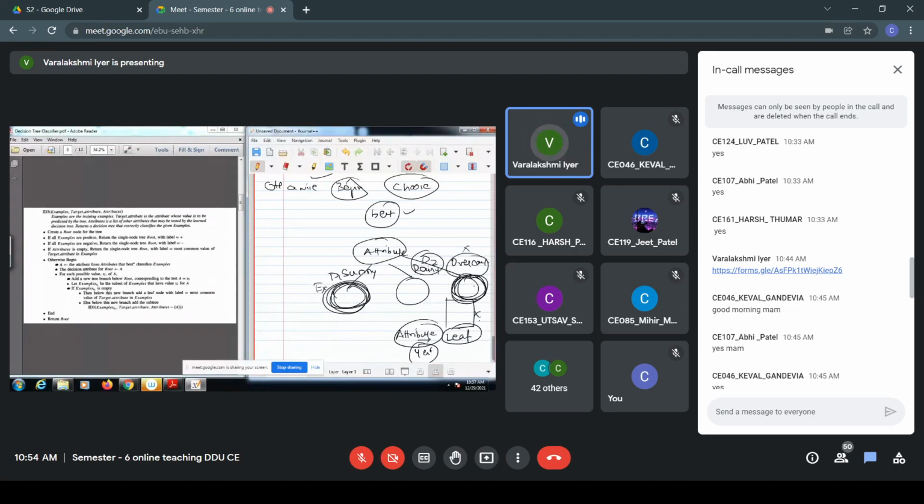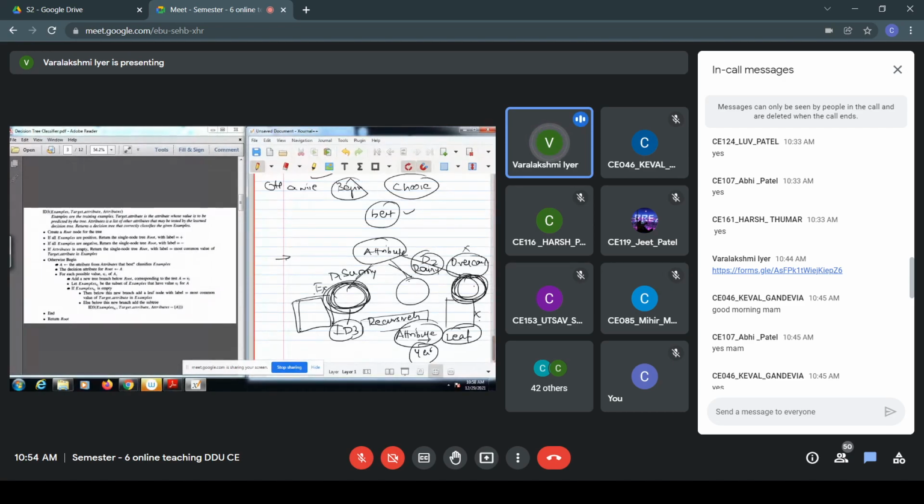Otherwise, if this data is of mixed form, again we'll perform the splitting. We'll call the ID3 algorithm recursively, and again select the remaining set of attributes and perform the split.